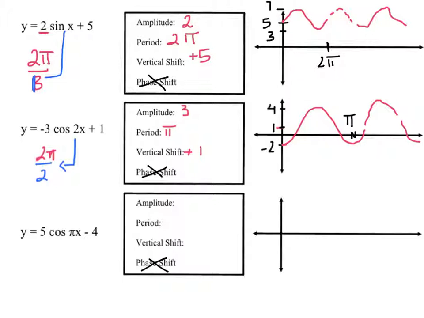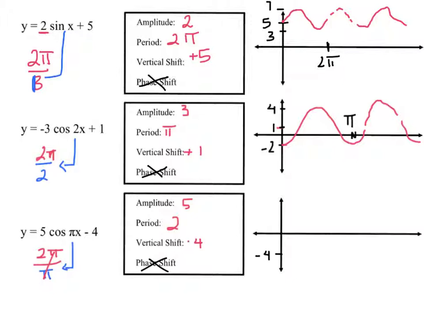Alright, last, we've got an amplitude of 5, period 2 pi over b, which is pi, so that becomes just 2. Vertical shift is going to be down 4 units. Okay. So -4 will be our center.